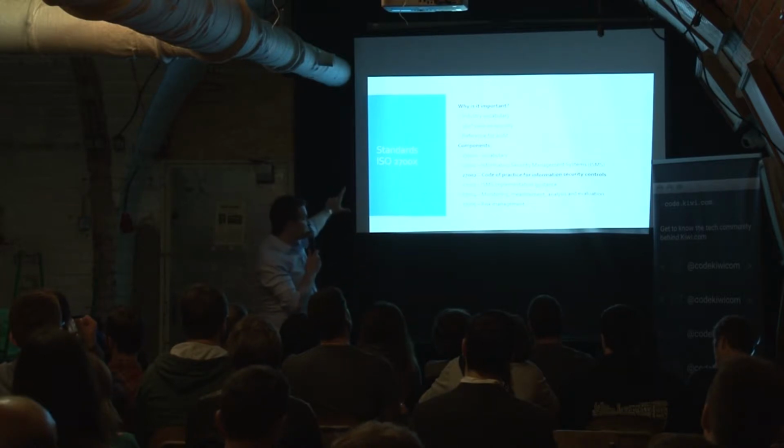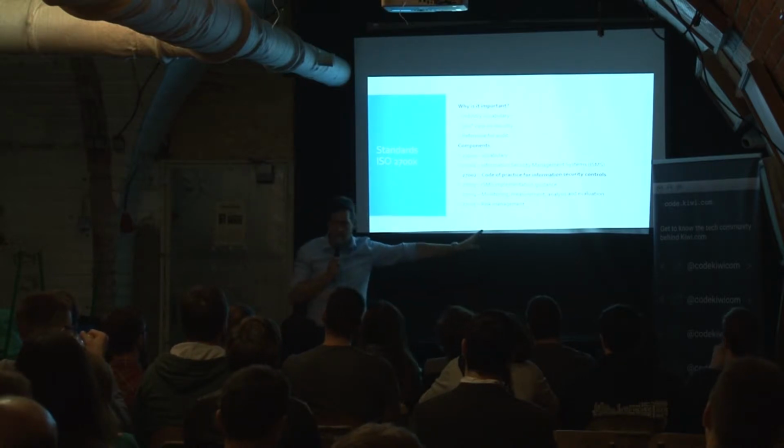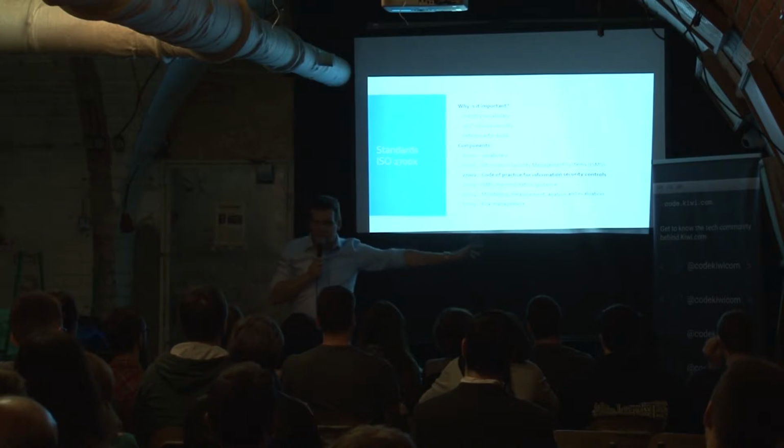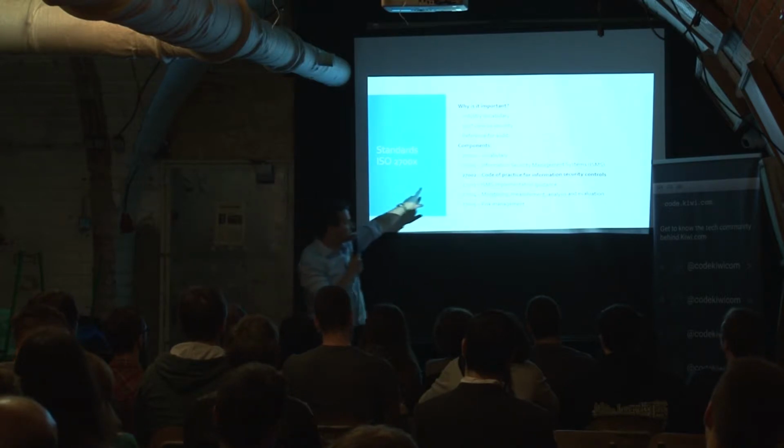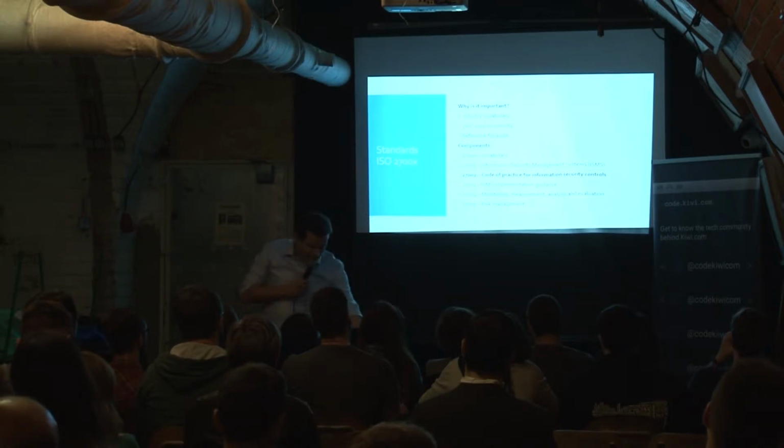The family of 27K standards has 6 items, and nobody cares about 4 of those. The important ones are 2701 and 2702. And of those 2, the much more important is 2702. So let's talk about the first one first, 2701.